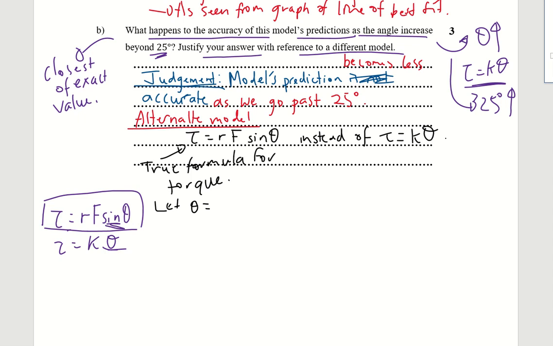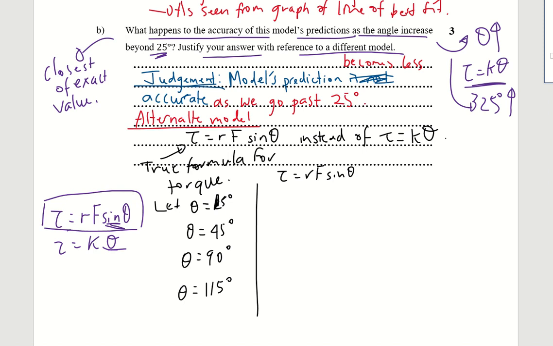We'll have theta at 25, or actually let's start at 15. Then what's a good number? 45, theta 90, and then maybe theta at 15, just to give us a little range. So tau equals RF sine theta and tau equals k theta.